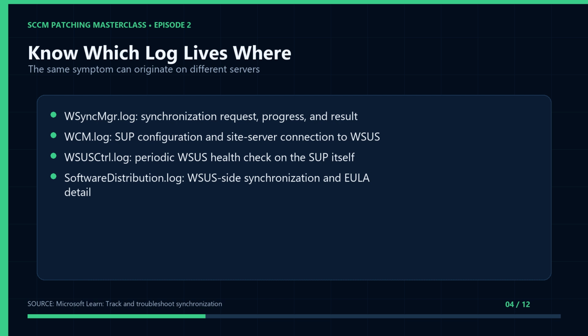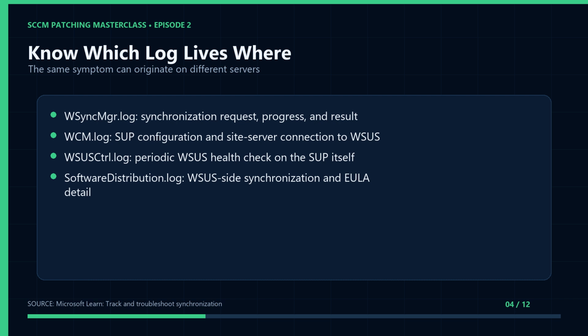Synchronization can fail while downloading update license files. Review SoftwareDistribution.log on WSUS and look for failed text or EULA downloads. Verify firewall access to Microsoft Update and the configured proxy. Error 0x80072EFE indicates that the upstream connection was terminated abnormally, so investigate network, proxy, TLS inspection, and Microsoft Update reachability.